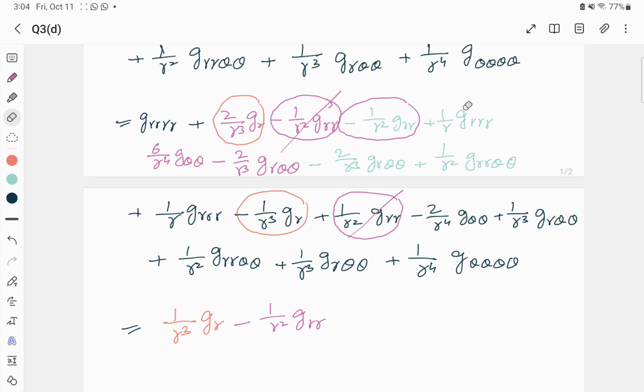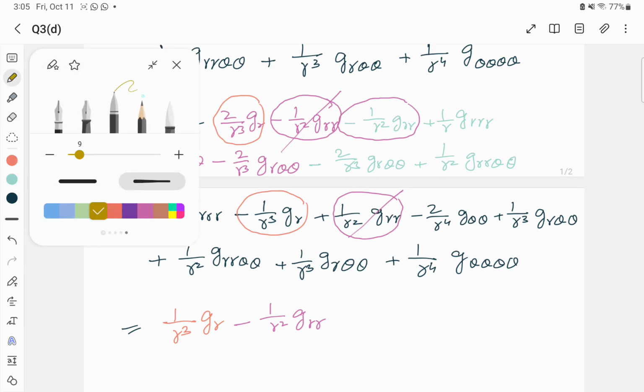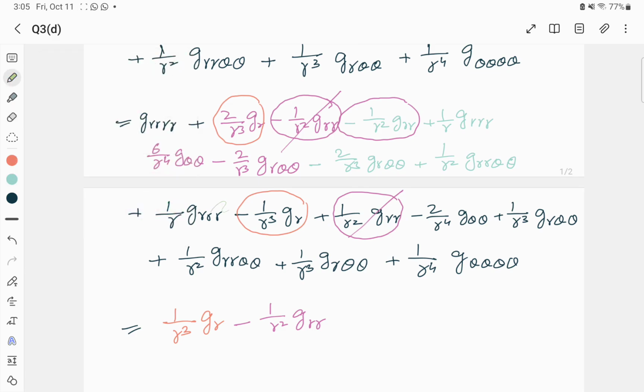Now we look for the terms which contain 3 r's, g r r r. First of all, here is a term, and this is also that term g r r r. Let's look if there is any other term. No, there is no other term. So these terms, 1 over r g r r r and 1 over r g r r r, will combine and make 2 over r g r r r.